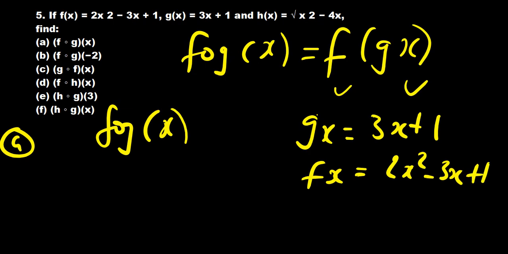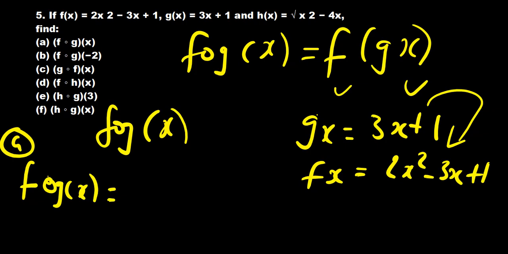We are inserting g into this function. So fog of x will be equal to 2, and wherever there is x, we replace it with g of x, which is 3x plus 1. The first expression is squared.